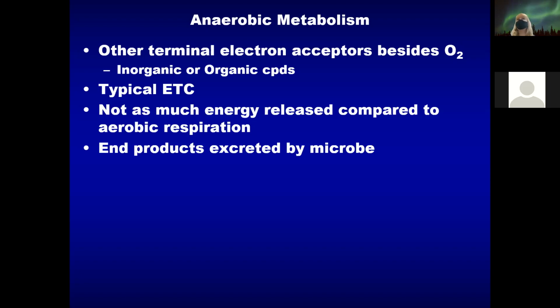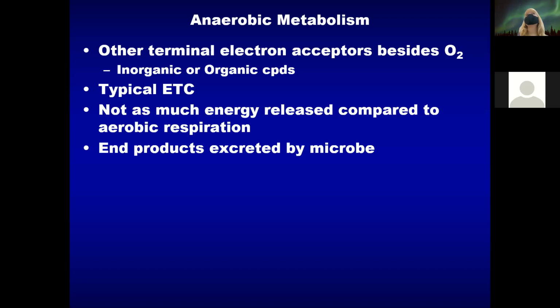Whatever products get made during this process depends on what the final electron acceptor is, and they don't really care about that. They're just using it to play the game, so to speak, of getting that electron transfer process to kick into gear. They'll just excrete out what's made at the very end. They don't really need that. Their goal is to make ATP during this process.